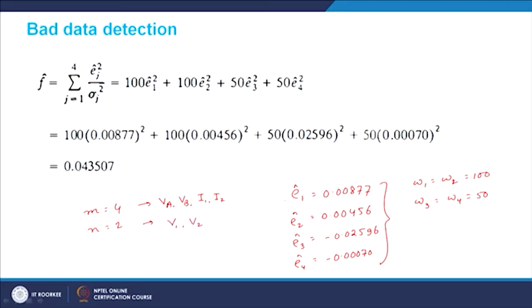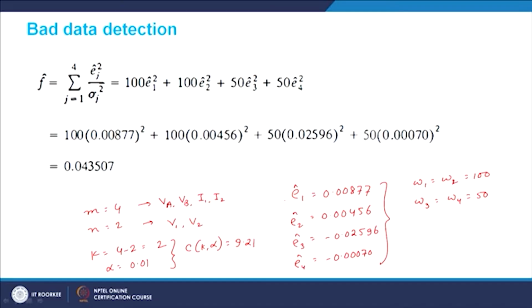So K is equal to 4 minus 2, that is 2, and taking alpha equal to 0.01, the corresponding threshold is 9.21. We can see that the calculated value of f hat is much less than the threshold value 9.21, so we say that no bad data is detected.